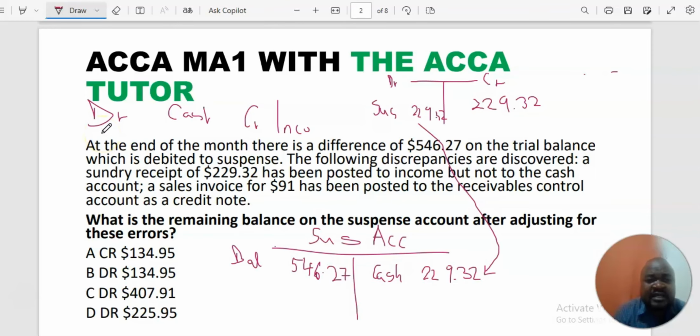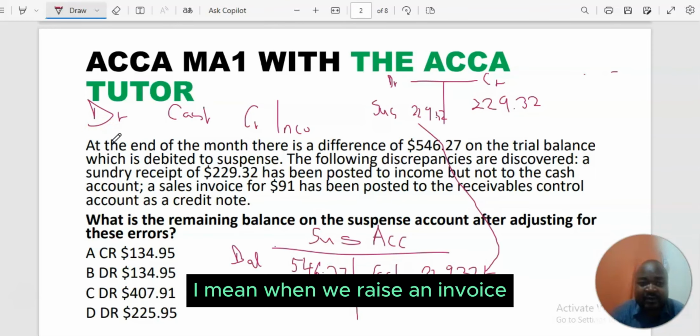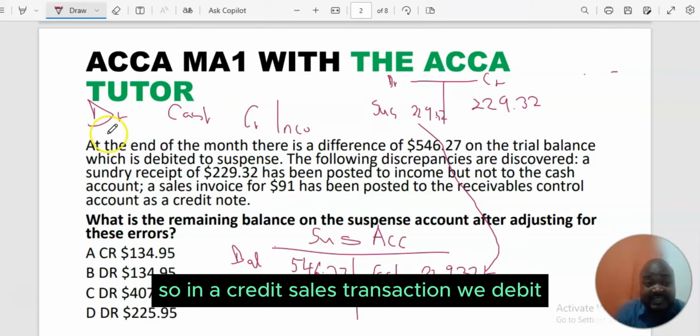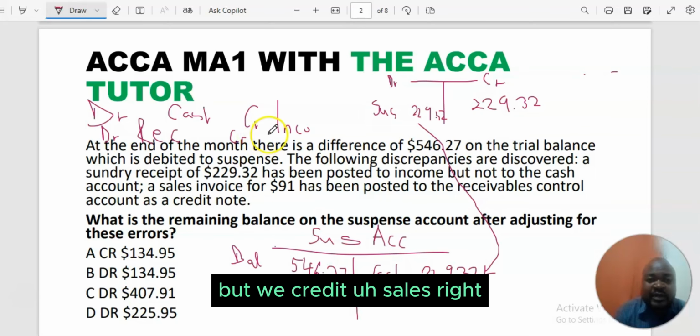When we make a sales transaction, when we raise an invoice, it means that it is a credit sales transaction. So in a credit sales transaction, we debit receivables, and credit, this time there was no cash. Don't think of cash. But we credit sales.